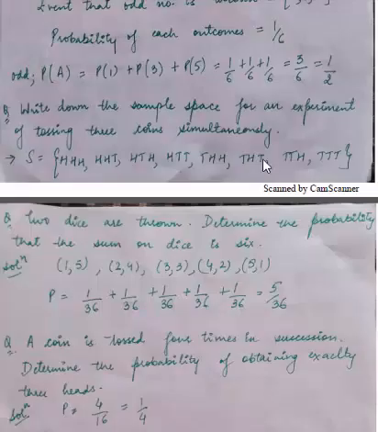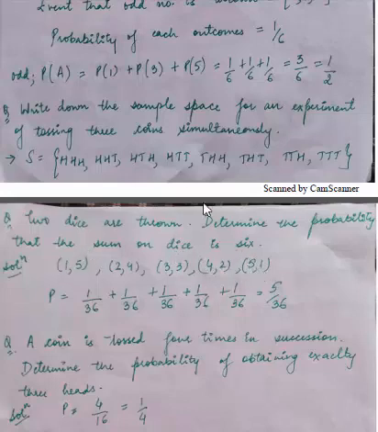Next, the third question is, 2 dice are thrown. Determine the probability that the sum on the dice is 6. Each die has 6 possible outcomes, that is 1, 2, 3, 4, 5, 6, but we want the sum to be equal to 6. So the possible outcomes are 1 comma 5, then 2 comma 4, 3 comma 3, 4 comma 2, 5 comma 1.